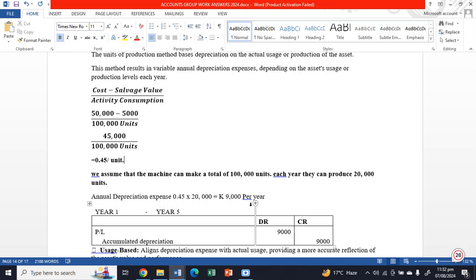So with the units of production method, it can be constant if you produce the same amount per year, but it can also change if the number of units you're producing in the year changes. Any questions?